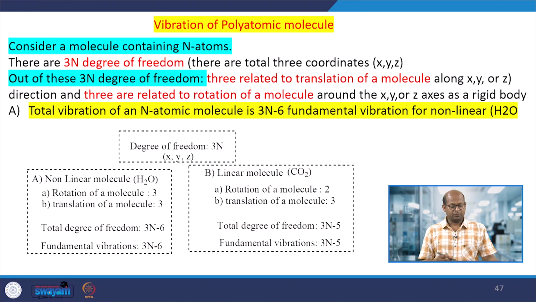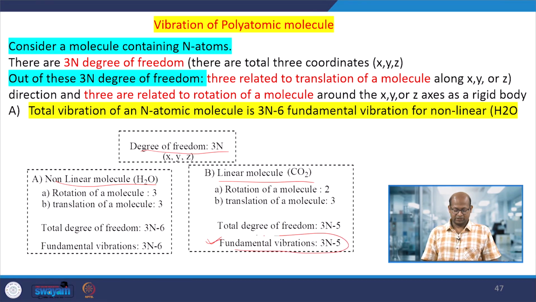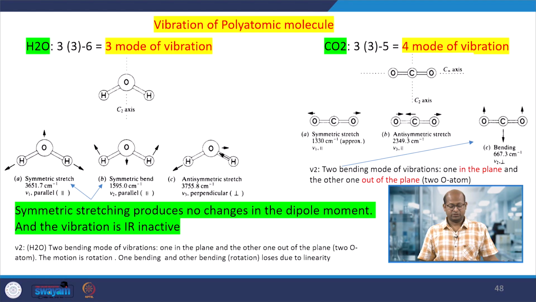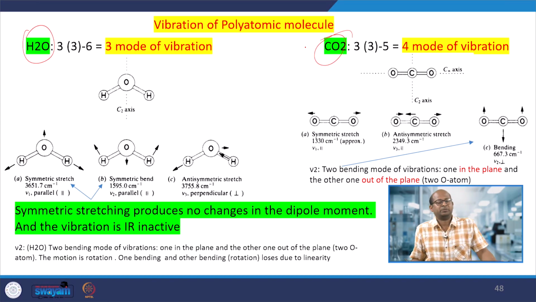In the case of polyatomic molecules, the number of vibrations or degrees of freedom differs for non-linear molecules and linear molecules. The fundamental bond vibrations are shown here for water and CO2 molecules, where different modes of vibration might be present.